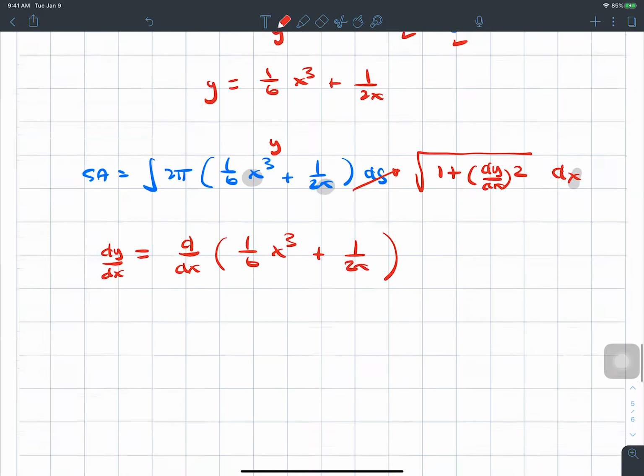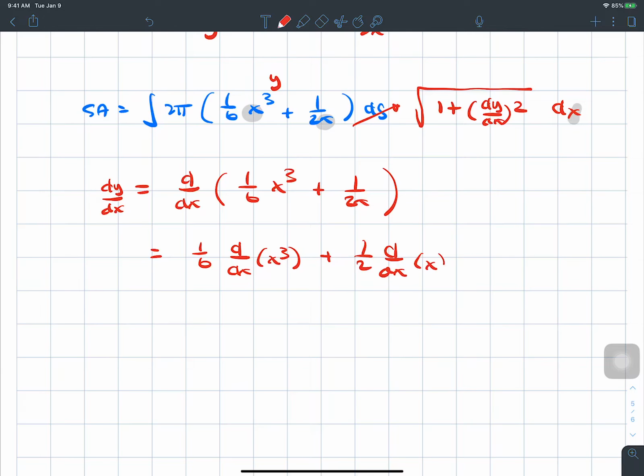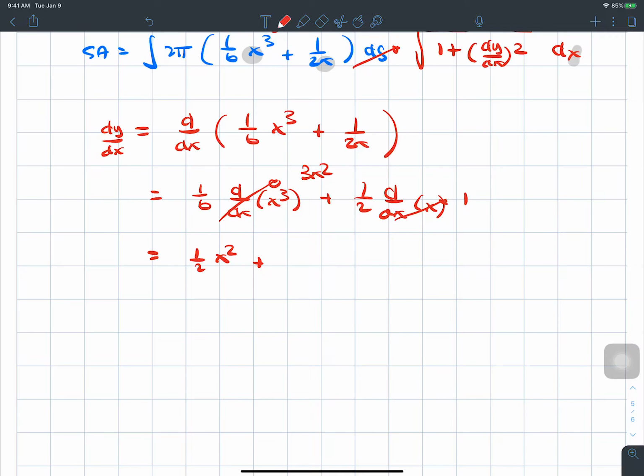Right, pull out the constants. Use properties of derivatives. 3x squared, 1/2, x squared plus 1/2.